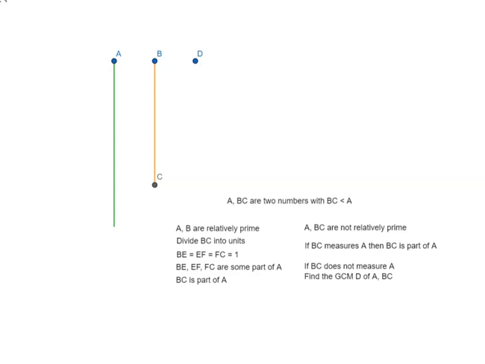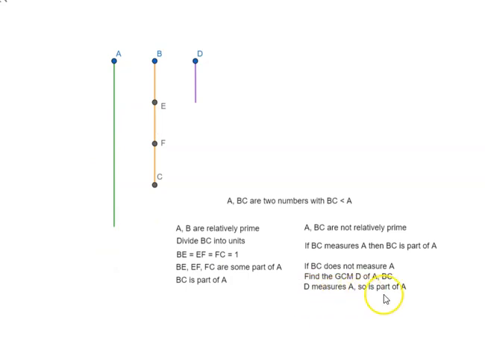So let's mark D, which is the GCM of A and BC, and let's divide BC using D. So E and F. D measures A because D is the GCM of A and BC. That means D measures both A and BC.